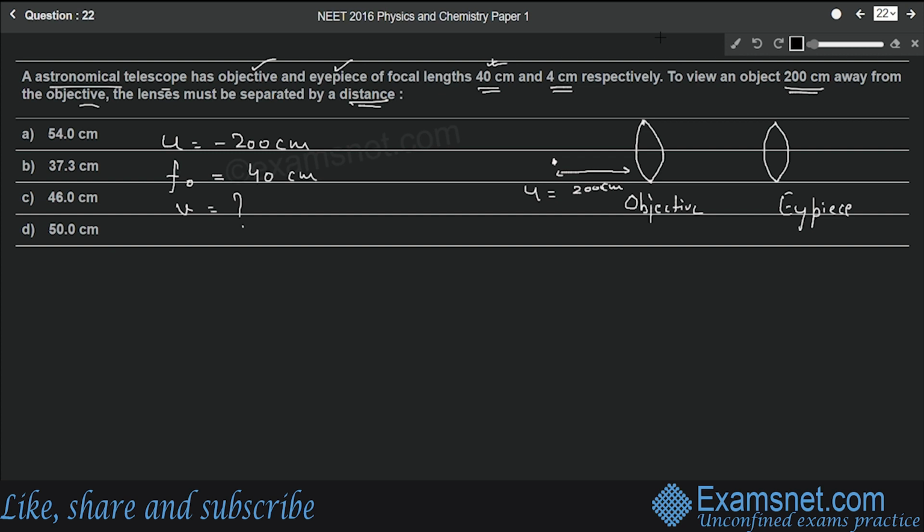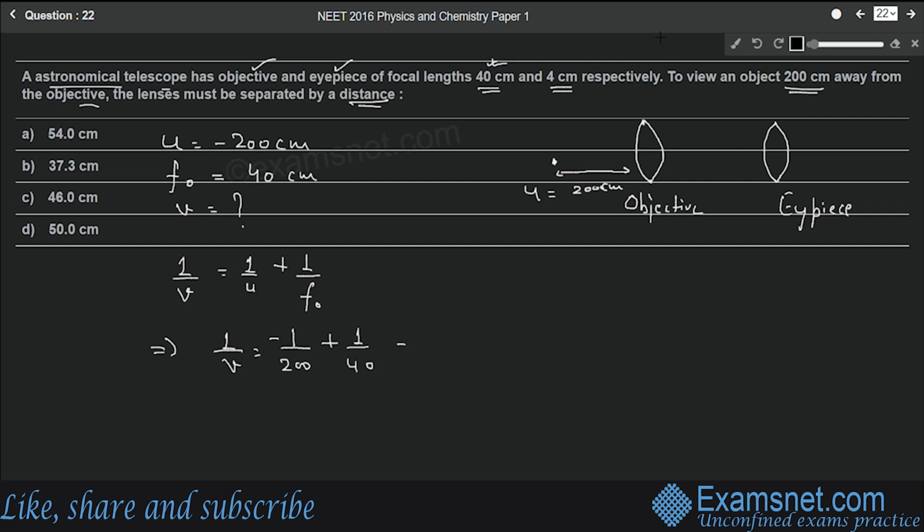by using the lens formula, that is 1 by v equals 1 by u plus 1 by f, where f is the focal length. So 1 by v is equal to 1 by minus 200, or minus 1 by 200, plus 1 by 40.